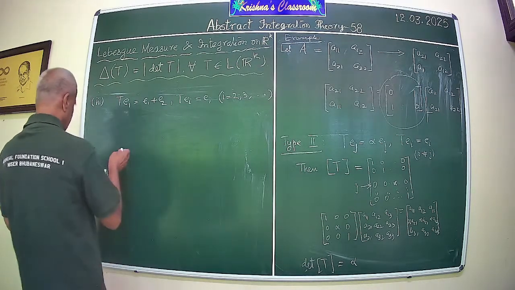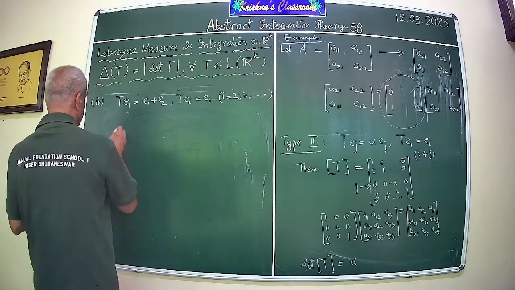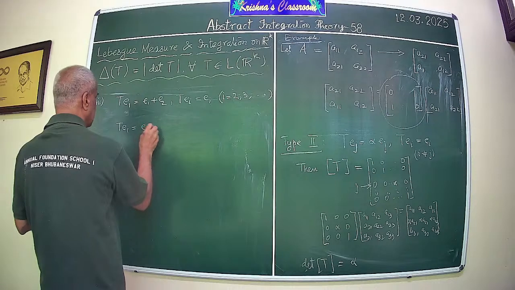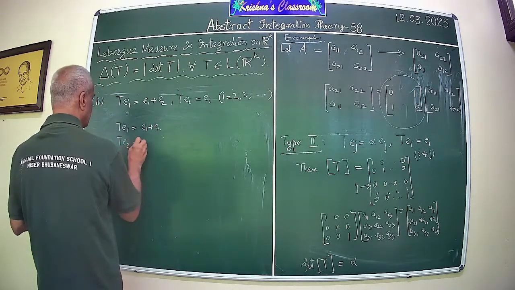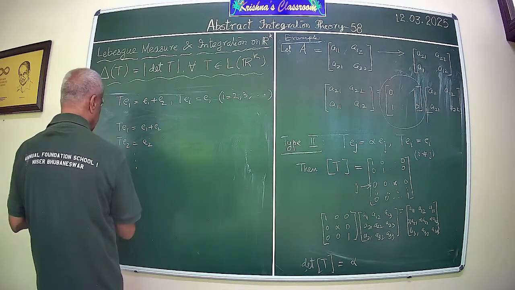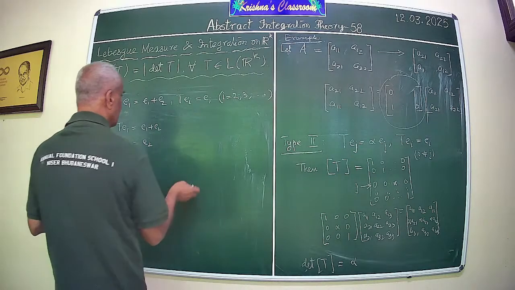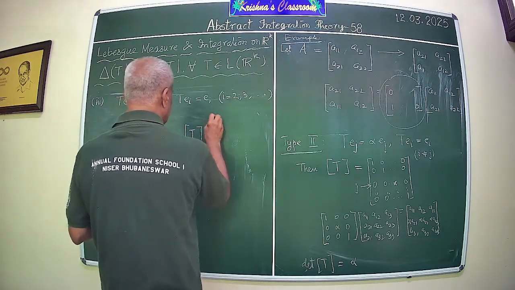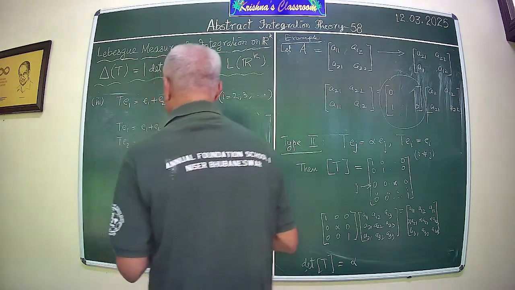So, you have this one. Therefore, you have TE1 equal to E1 plus E2, TE2 equal to E2, TEk equal to Ek. Then the matrix of T is equal to this. What is it?